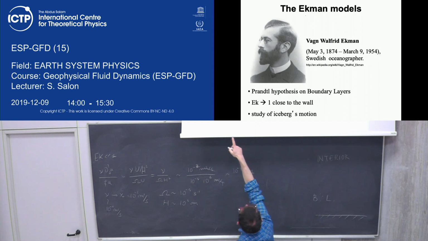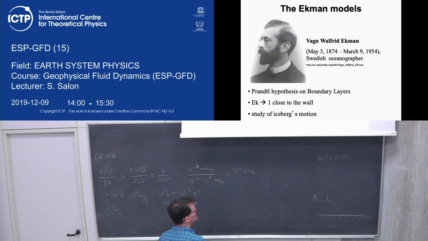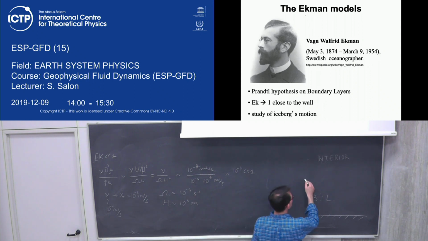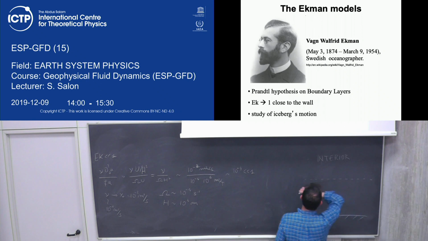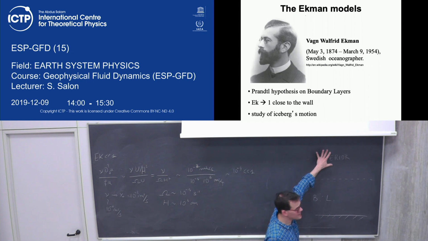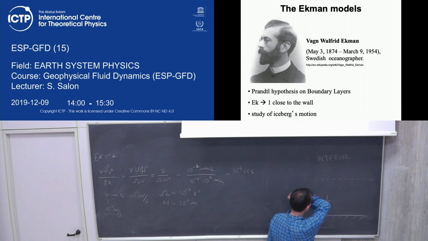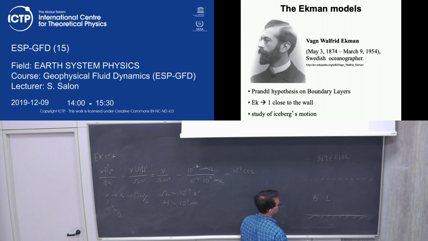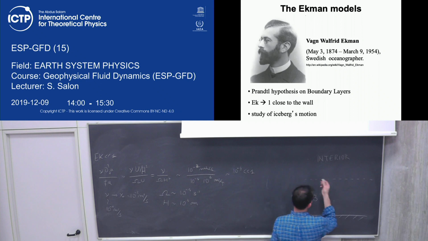So according to Prandtl hypothesis, Prandtl said that when a flow is interacting with a solid boundary, we will have a part which we call interior, which doesn't feel the solid boundary, and a part which is called boundary layer, where the velocity properties are constrained by the presence of the bottom, of the solid boundary.